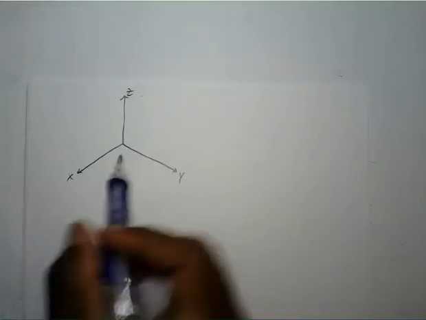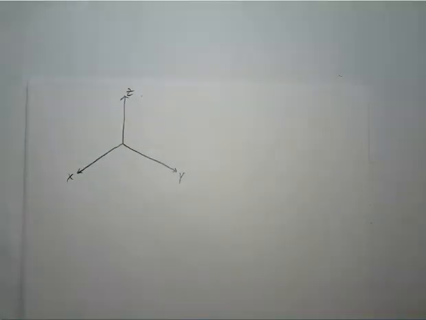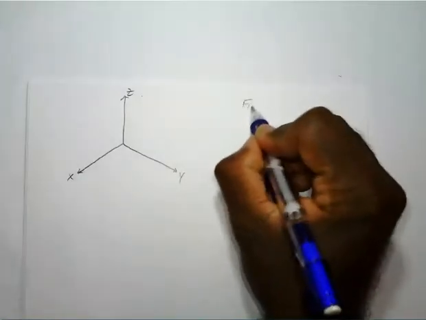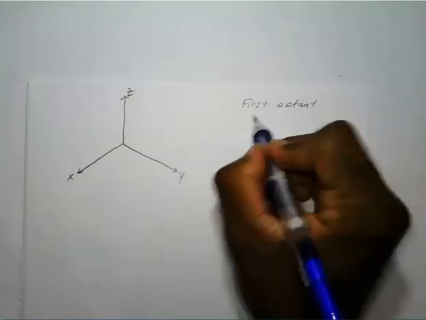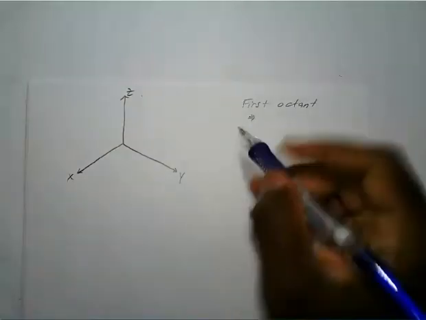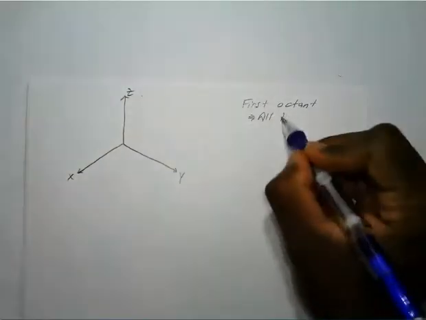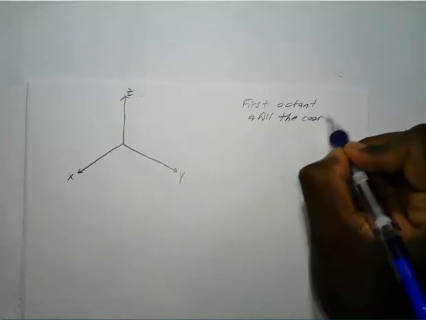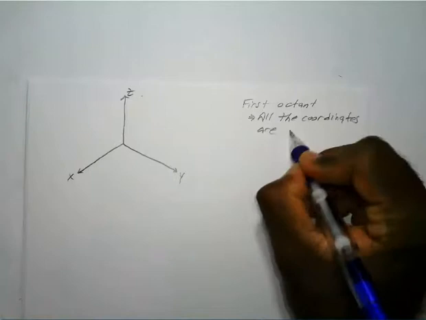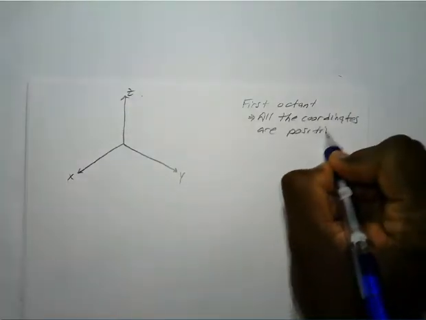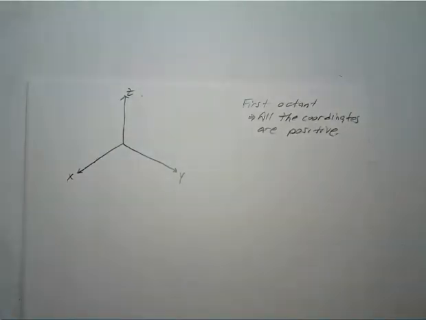Since we're in the first octant, the same way as in quadrant 1 in 2 dimensions, in your first octant all the coordinates are positive. Right now we're just looking at that first octant.